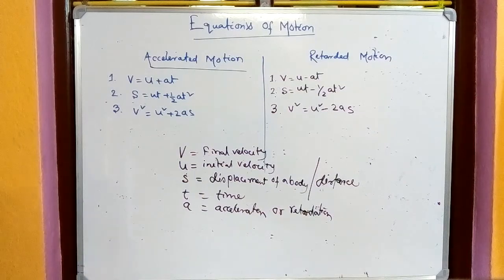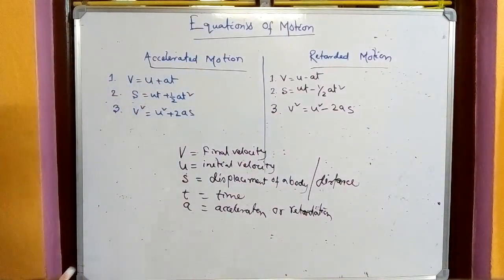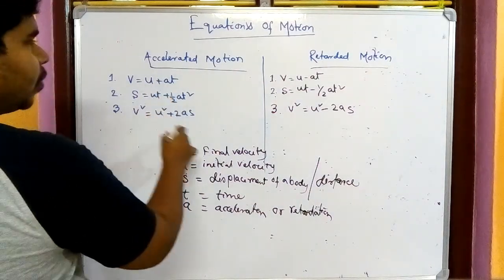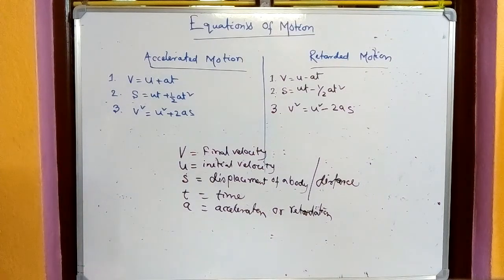But before going there, you just come to the retardation motion part. Retarded motion: here we have written the same equations, but instead of plus we have written minus. Why have we written minus here? To understand why, we will go to retardation.